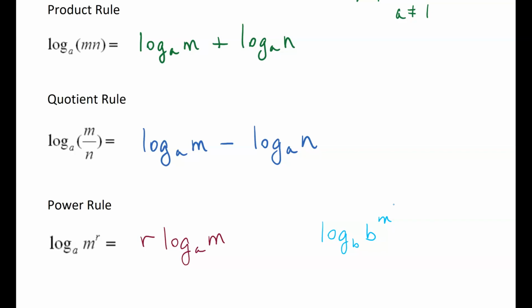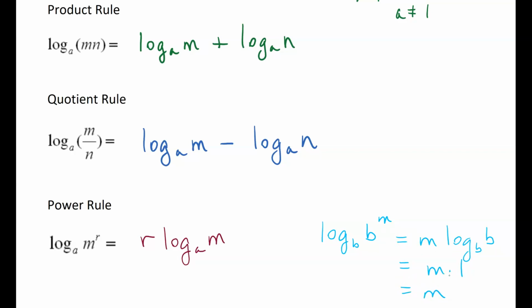Because then what happens is applying the power rule, this would turn into M times log base B of B. And what did we say a log is when the base matches the argument? It's always equal to 1. And so that's why that property says this is equal to just the exponent part, because this becomes M times 1, which is M.